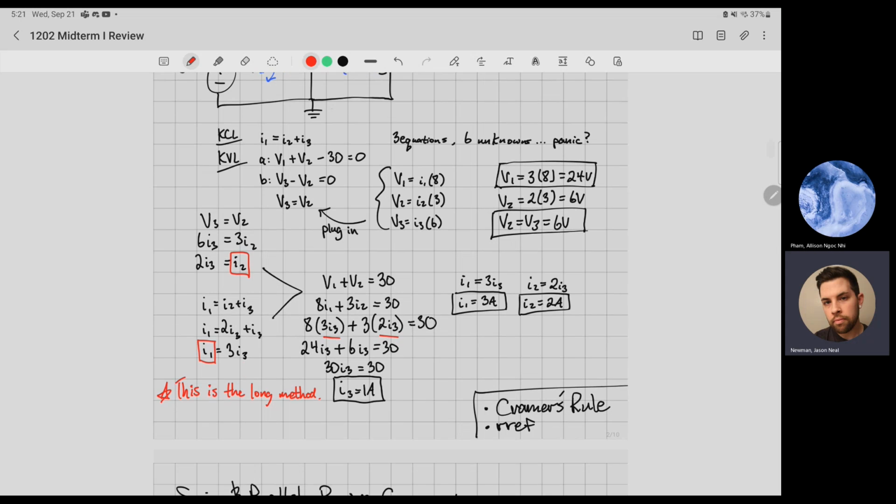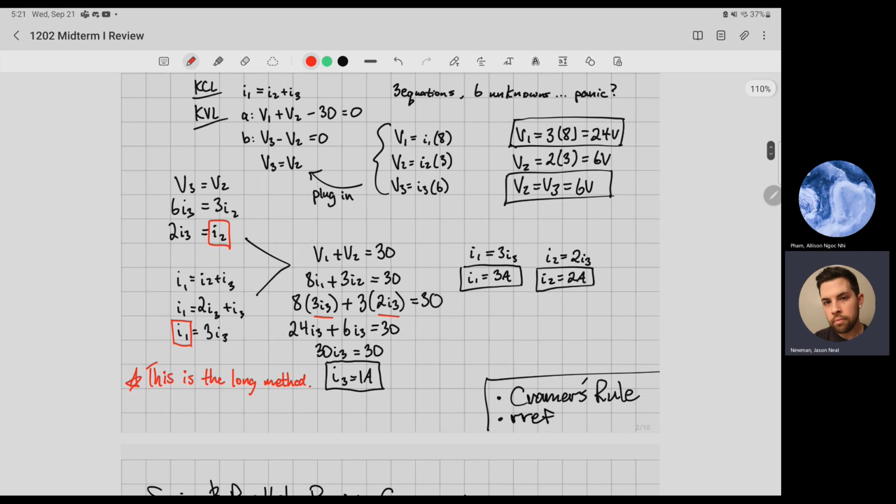And now you have another KVL equation right here. This KVL equation: V1 plus V2 equals 30. Now, if you just plug in what V1 and V2 are equivalent to, you have 8I1 plus 3I2 equals 30. Now you plug in what I2 is here, so you have 3 times 2I3, right?